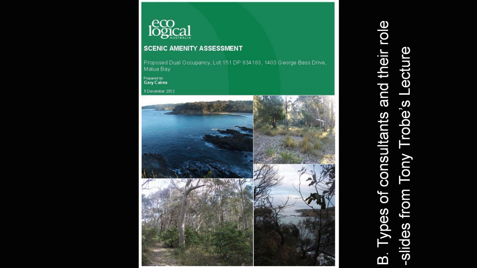So this firm, Ecological Australia, also provided a scenic amenity assessment to prove to the authorities that the scenic amenity would be preserved with this proposal. And if you remember Tony's talk, his design was really a two-story house, or two-story houses, which sat within the tree line, set below the tree line.